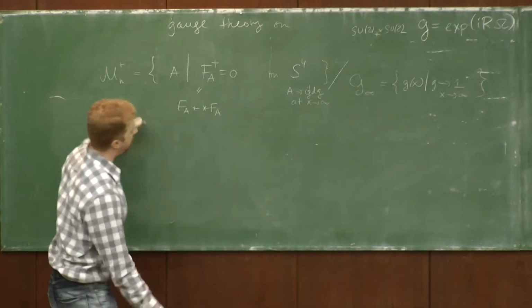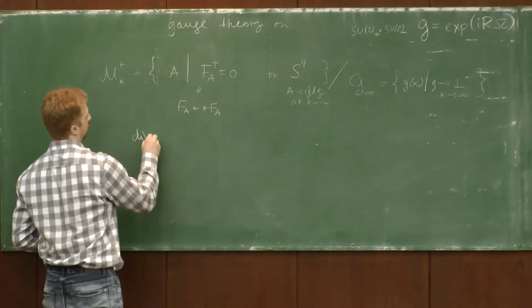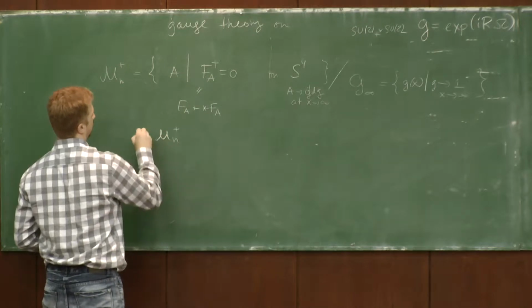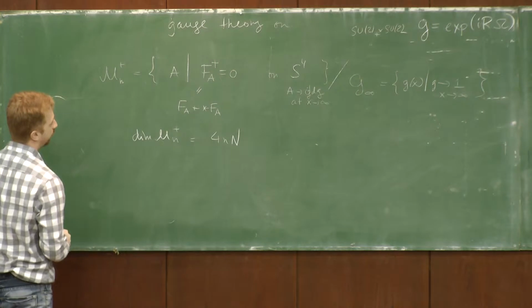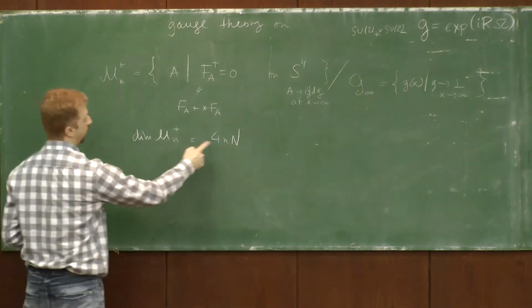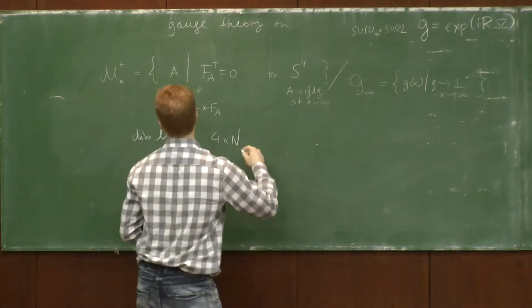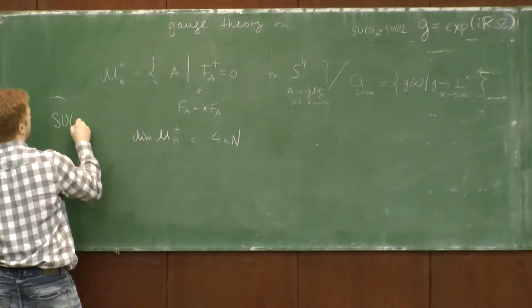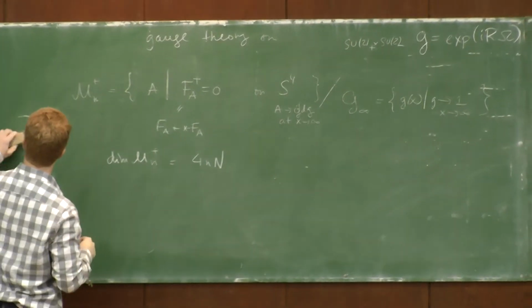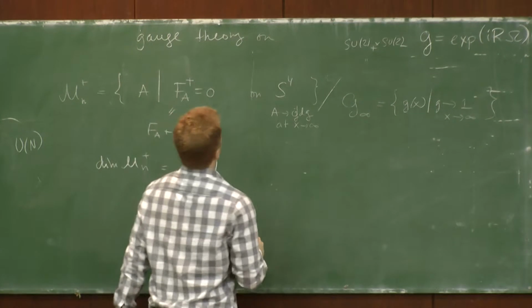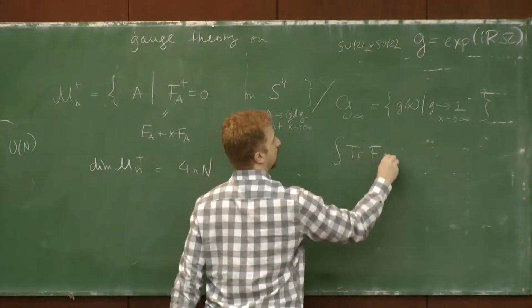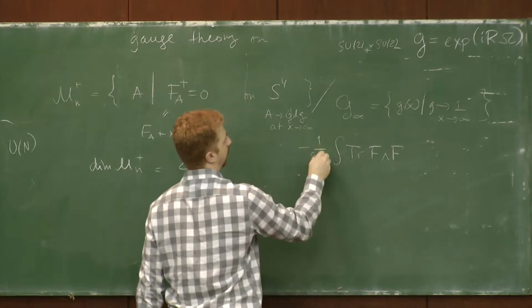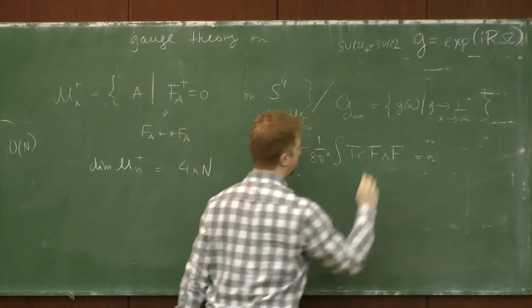So this space has dimension which is 4 times the instanton charge times the number of colors for the SU(N) gauge group, or for the U(N) gauge group. And the instanton charge is equal to n, little n.